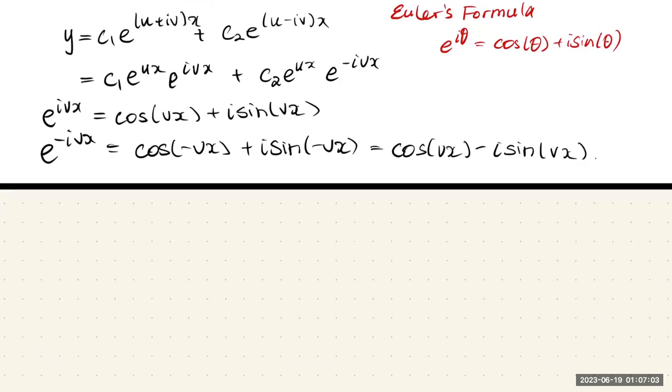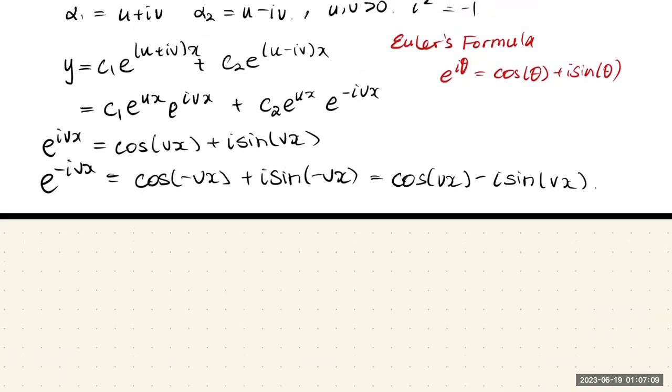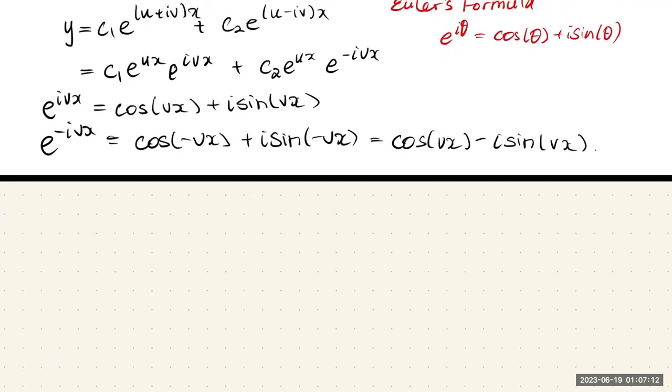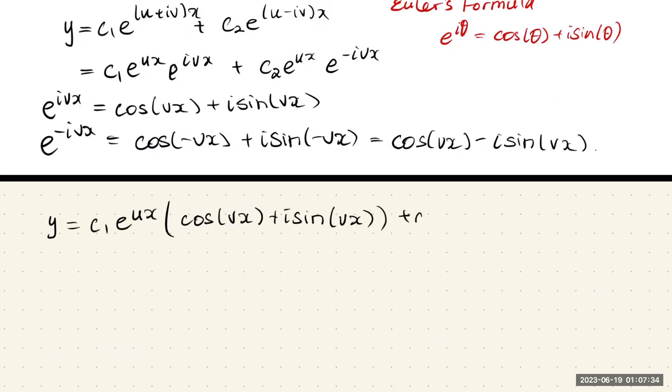All right, so now if we make the substitution back into the solution, y is equal to C1 e to the ux, multiplied by cos vx plus i sine vx, then plus C2 e to the ux, and then cos vx minus i sine vx.